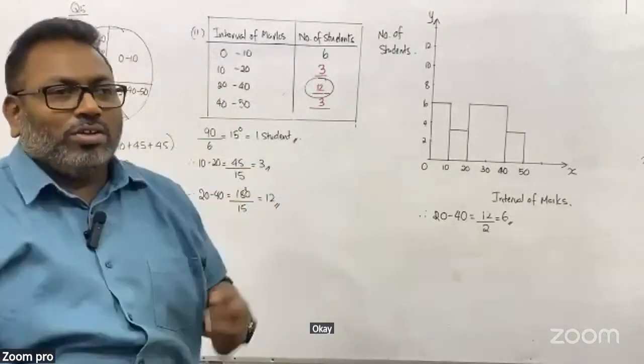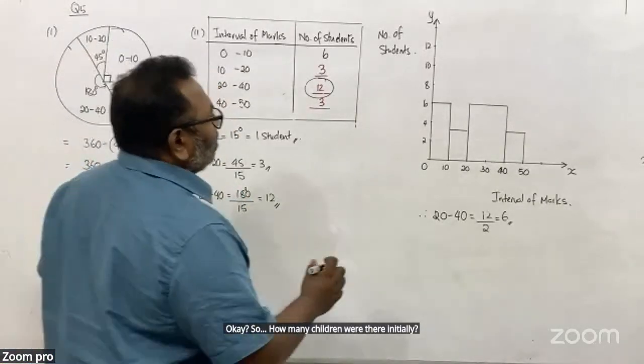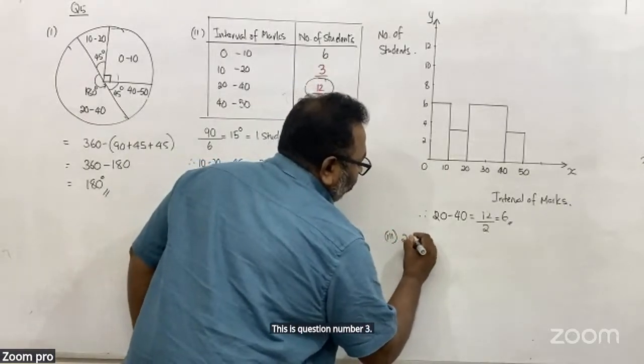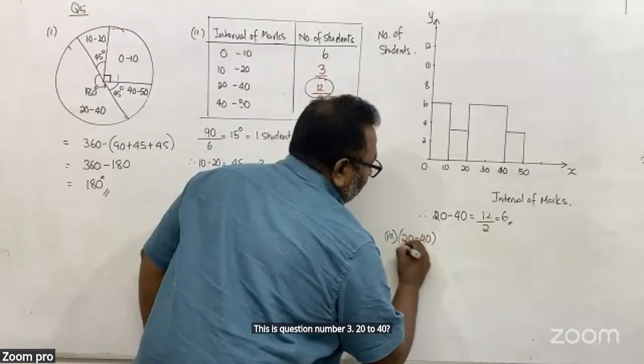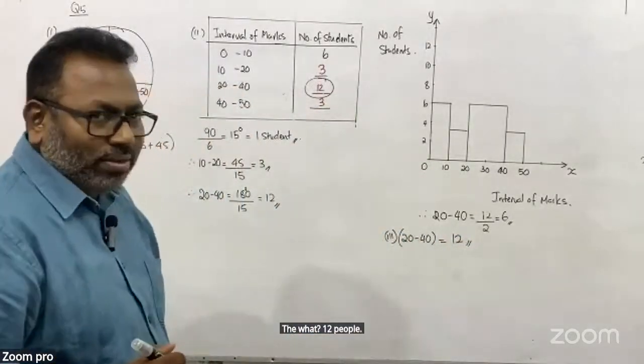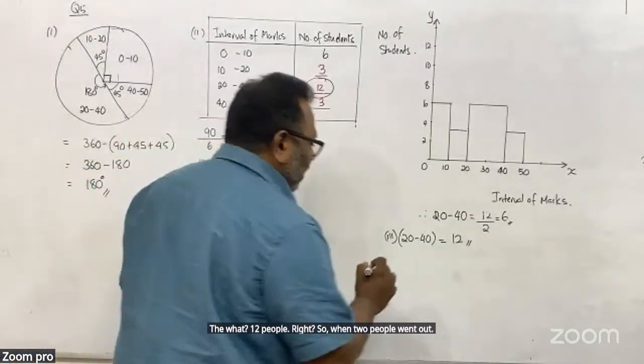Okay. So how many children were there initially? This is question number 3. 20 to 40, there were 12 people. Right? So when 2 people went out, how many children are there?